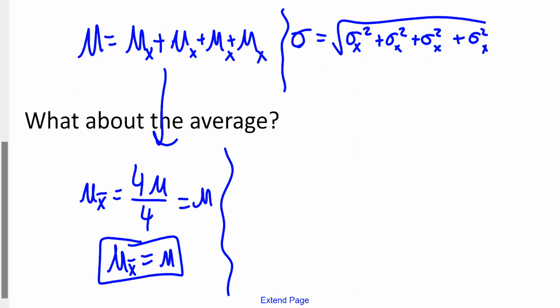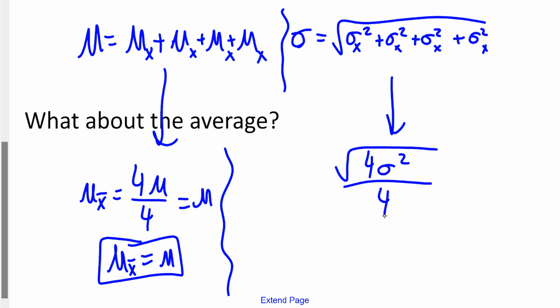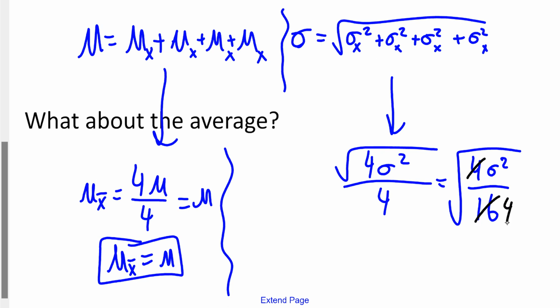Similarly, standard deviation. For the standard deviation, we can take that same idea, which ultimately is the square root of 4 variances, and we want to divide it by 4. Kind of like last time, if we want to get it all under the same square root, we need to square the 4 to put that under a square root. So this would be the same thing as the square root of 4 sigma squared divided by 16, or 4 squared. And now, because we did that, we can reduce. This cancels out. This just becomes 4.